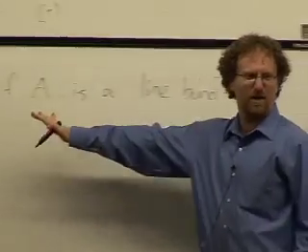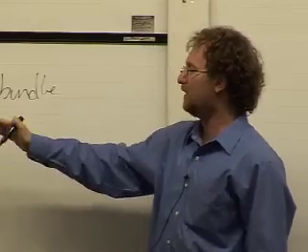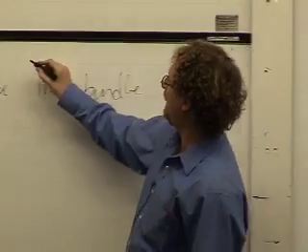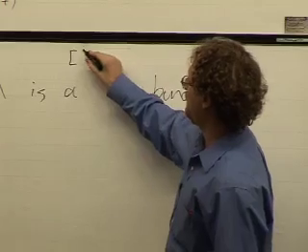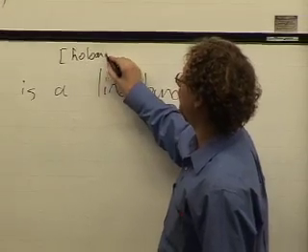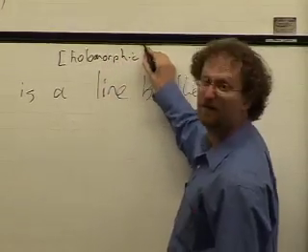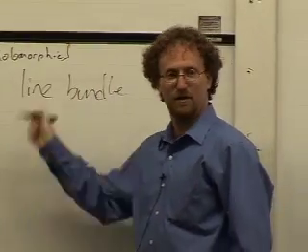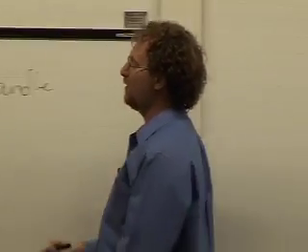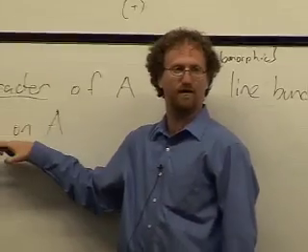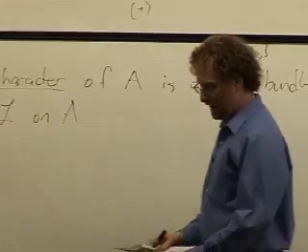So first of all, what's going on? By the way, throughout this talk the adjective holomorphic or algebraic should be stuck in front of every word I say. So it would be a holomorphic line bundle, and I can think of its holomorphic sections on various open subsets of A. That's going to be the corresponding sheaf.